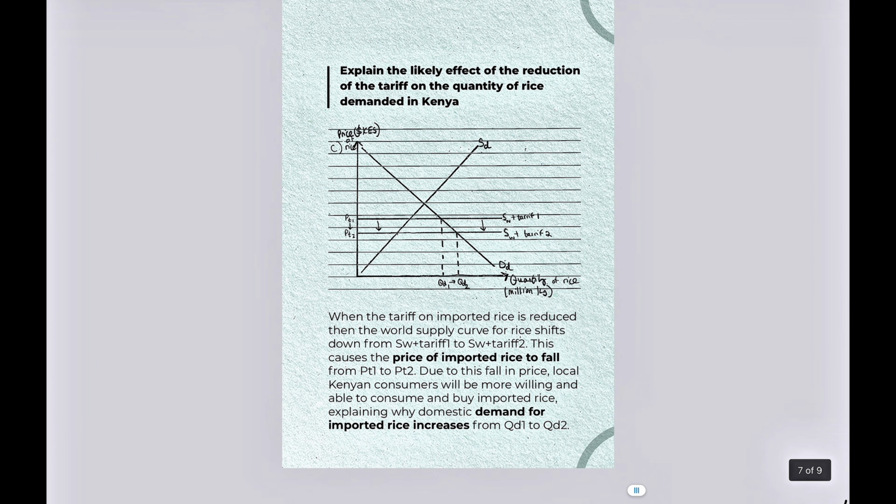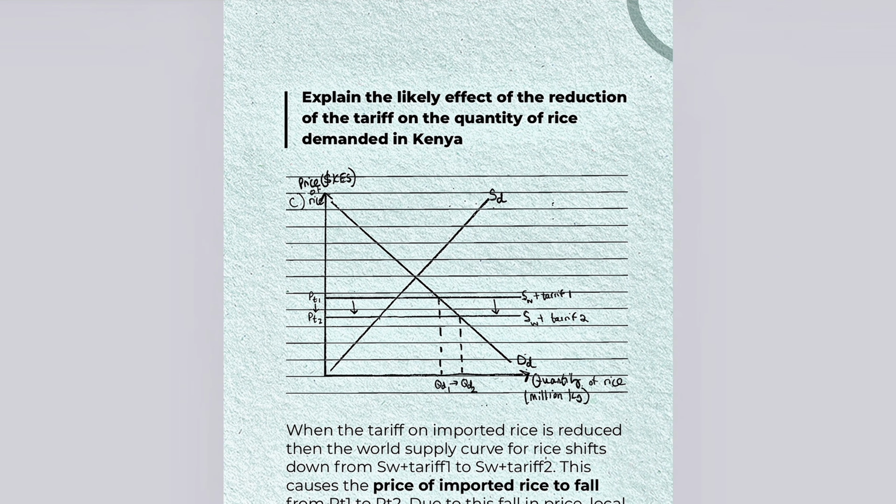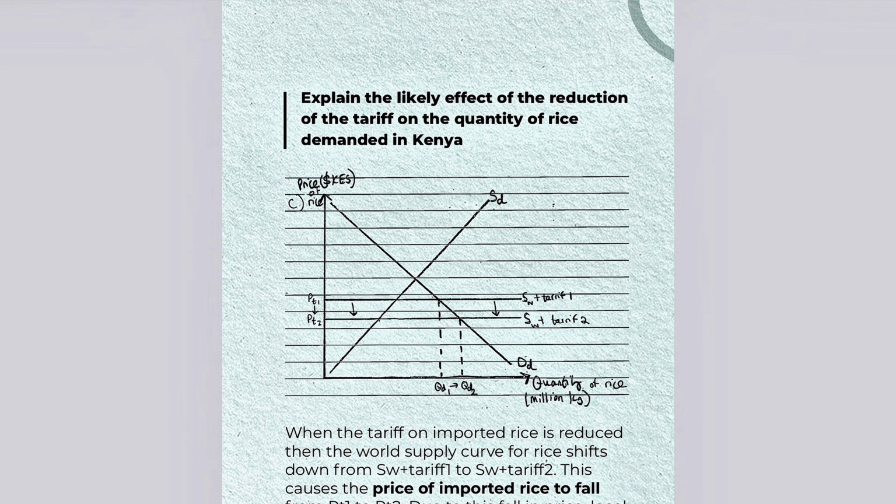Explain the likely effect of the reduction of the tariff on the quantity of rice demanded in Kenya. As you can see, this is a fully labeled tariff diagram, which gets 2 marks. You might notice that this is not a full tariff diagram, but that's okay because this part of the diagram answers the question on how a reduction of the tariff affects the quantity of rice demanded in Kenya.